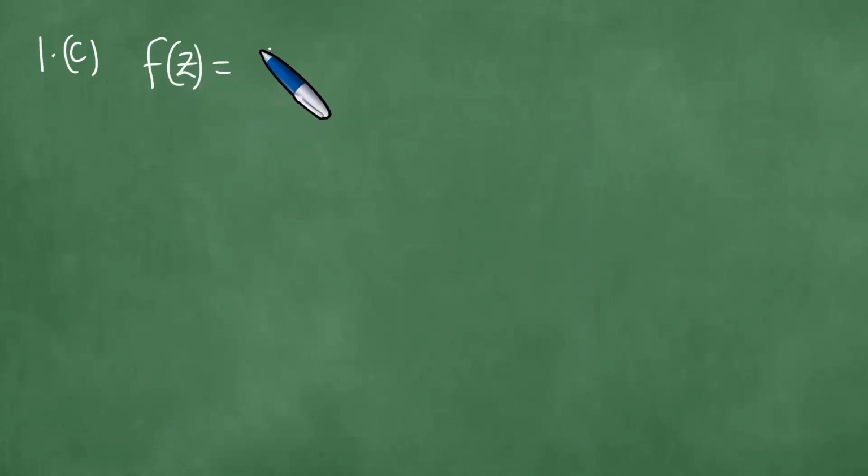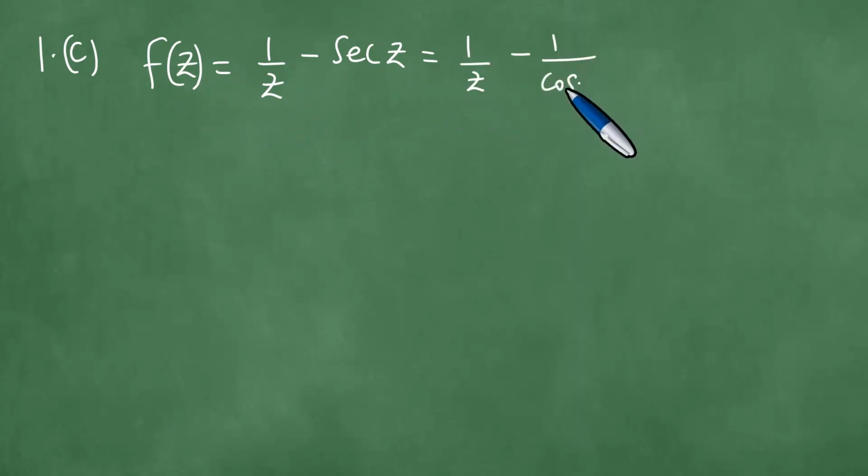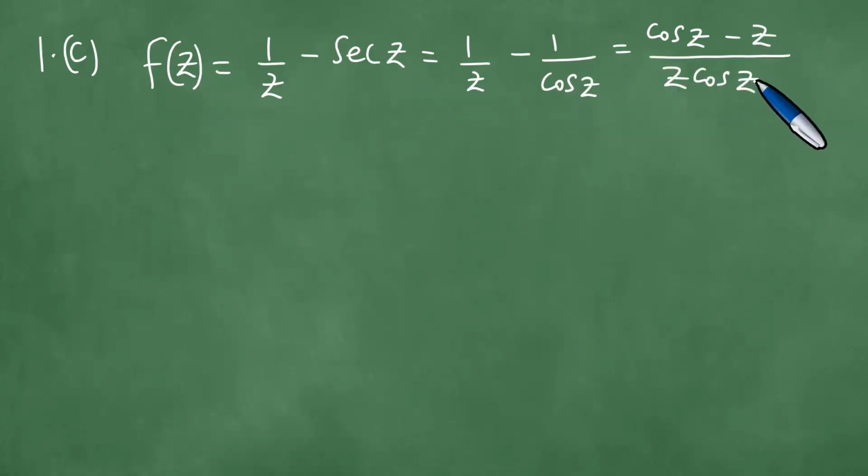1c, right? So if you look at 1c, what do we have? We have f of z is the same as 1 over z minus the secant of z. 1 over z minus 1 over the secant, which is the cosine of z, which is cosine z minus z divided by z cosine z.